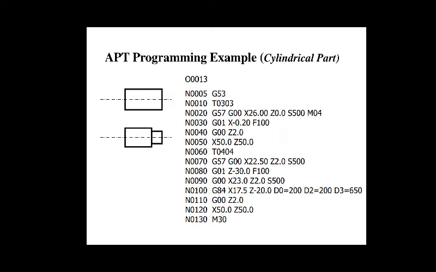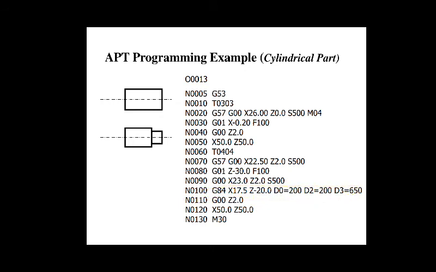Now after that, the next block is N0100, that is G84. G84 is for the turning cycle for machining the step. Now let us see the meaning of each term in this block.